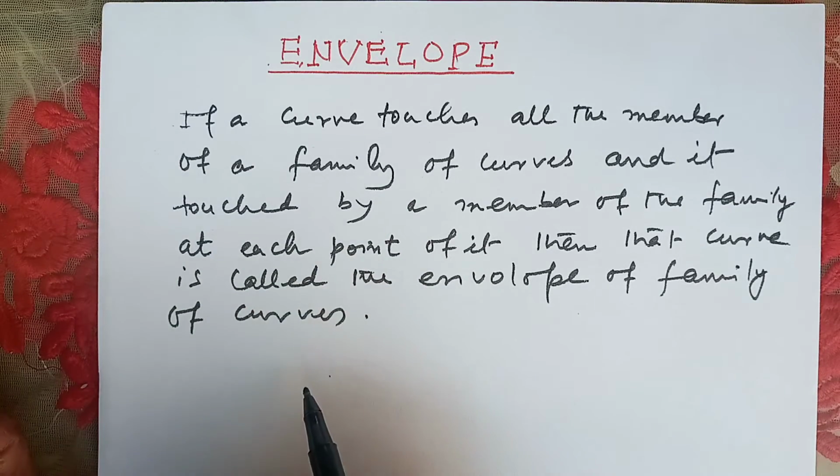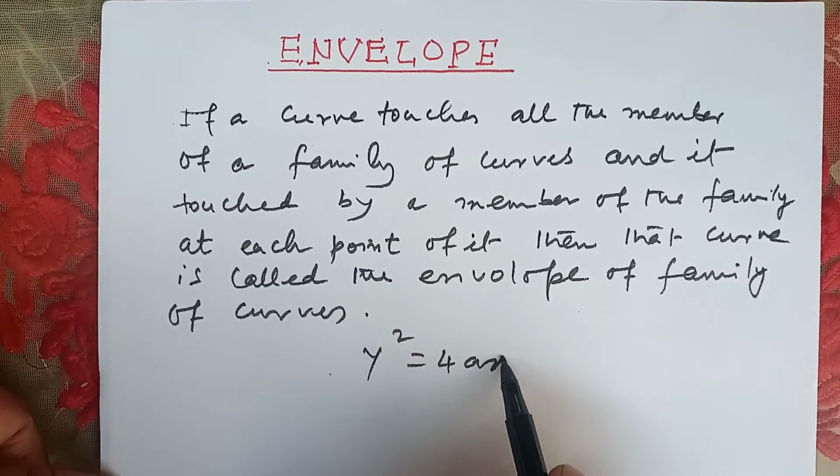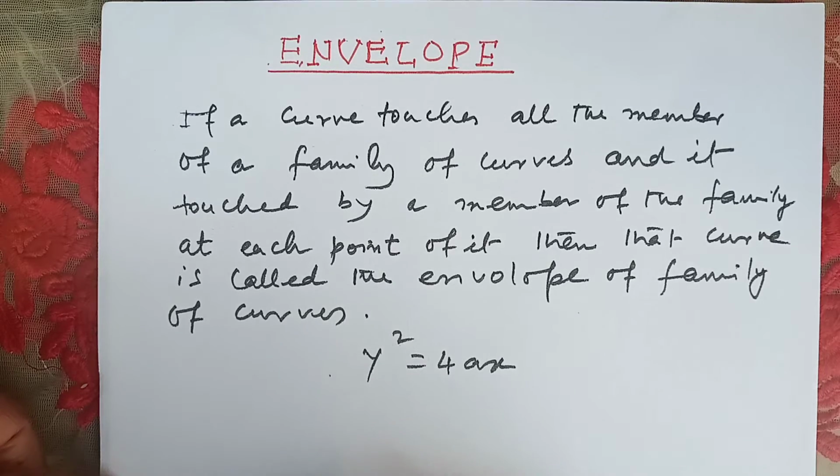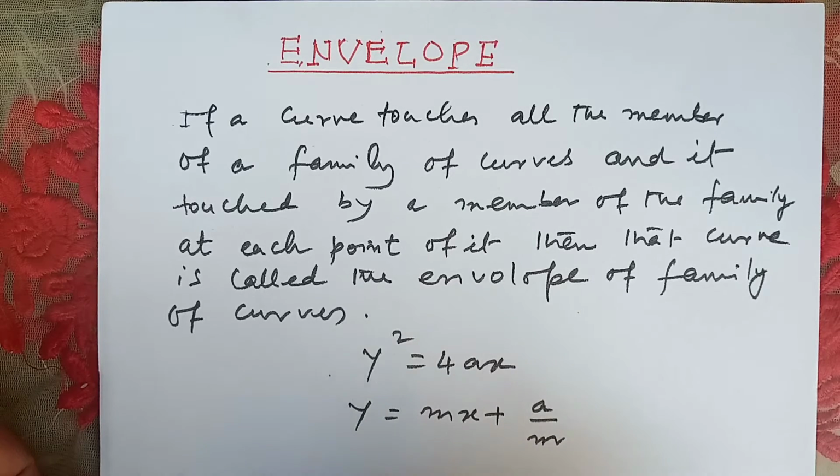Let us suppose this is a parabola. y square is equal to 4x is a parabola. So for this parabola, the straight line y is equal to mx plus a upon m, where m is a parameter, touches the parabola.